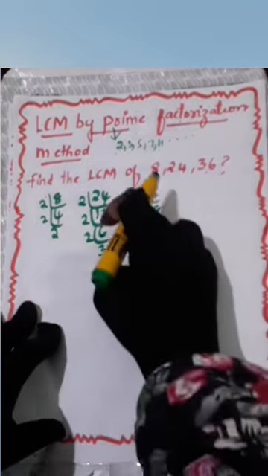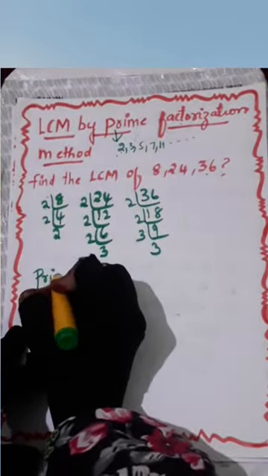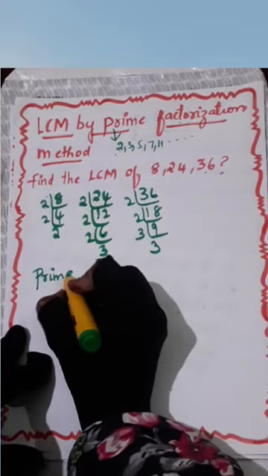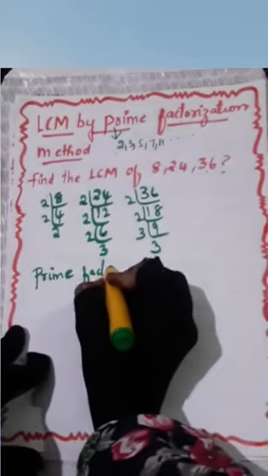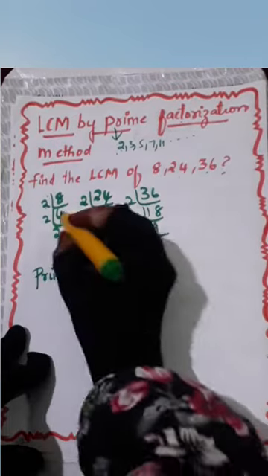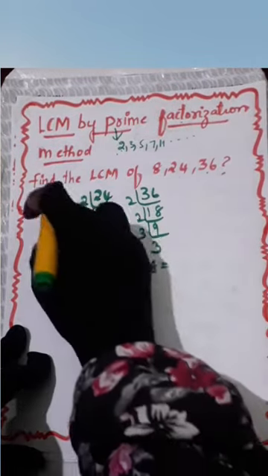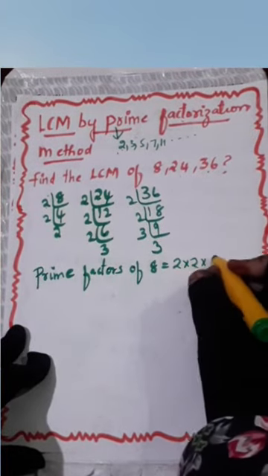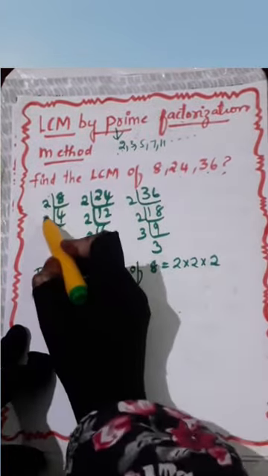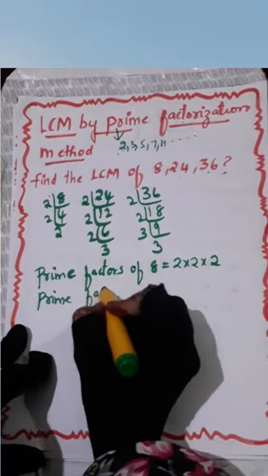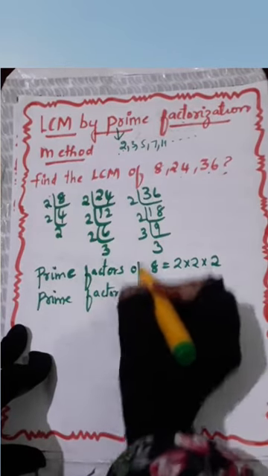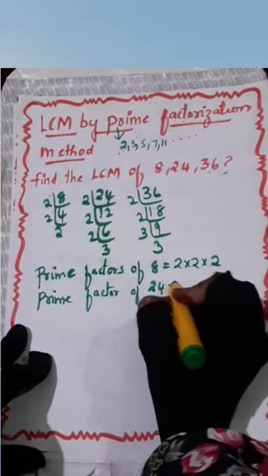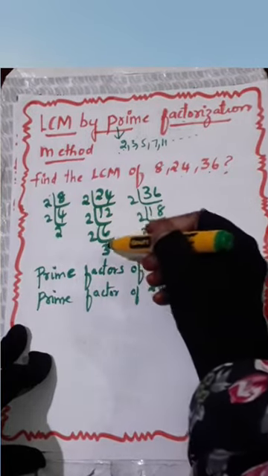Now we have got all these prime factors. We write them here and call them prime factors, because only prime numbers are there. Prime factors of 8 are 2 into 2 into 2. Prime factors of 24 are 2 into 2 into 2 into 3.